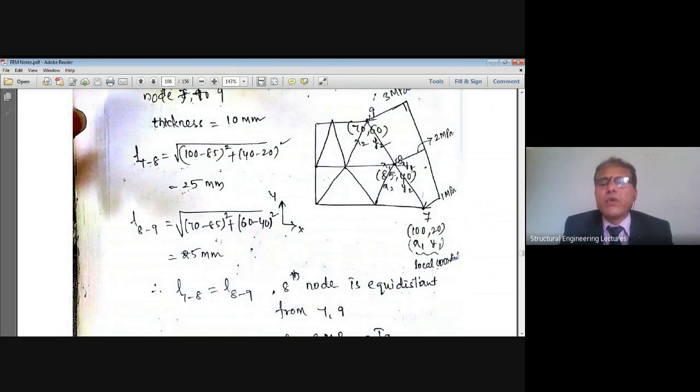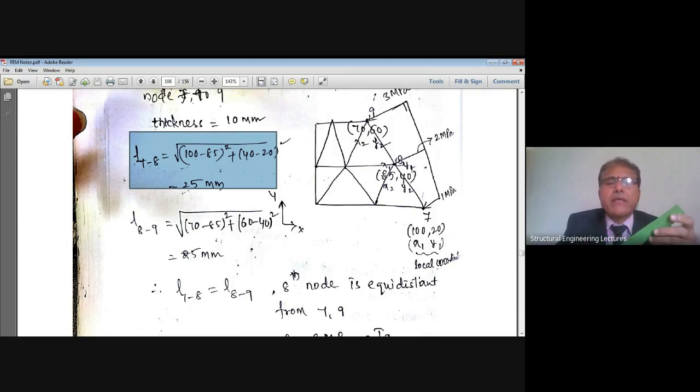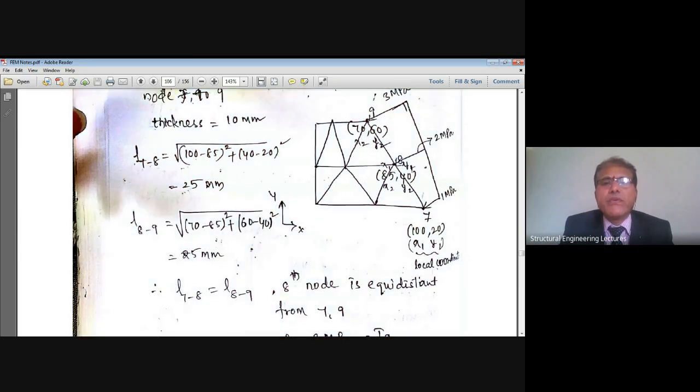I'll move to the second node. Local 2 is global 8 now. Therefore, x2 is 85 mm, y2 is equal to 40 mm. Using this, I'll find the length of the side 7 to 8: square root of (x2 minus x1) whole square plus (y2 minus y1) whole square. Substituting, you will get 25 mm.